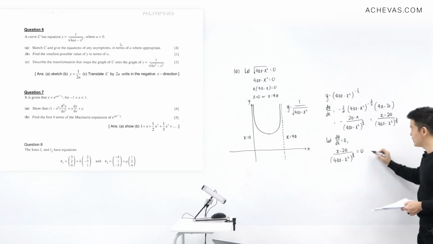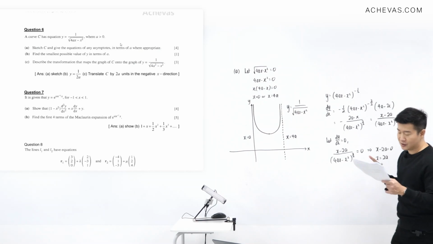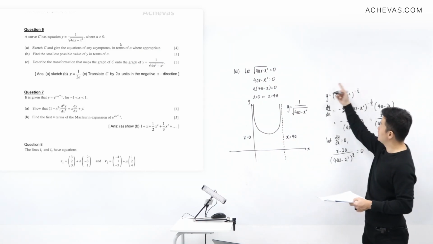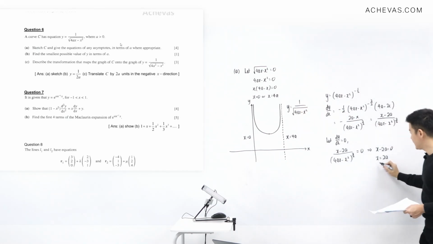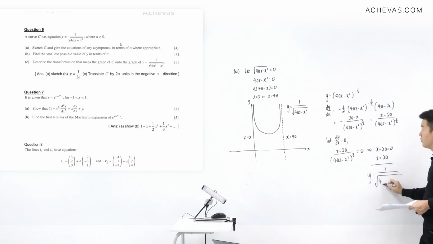So I'm letting this be equal to 0, which means that the numerator x minus 2a is equal to 0. So x is going to be equal to 2a. My aim is to try to find the coordinates of this point. So when x is equal to 2a, I'm going to substitute it back into here to find the corresponding y. y is going to be equal to 1 over the square root of 4a times 2a minus 2a squared.